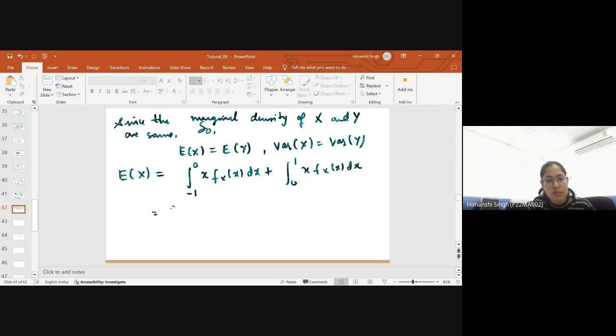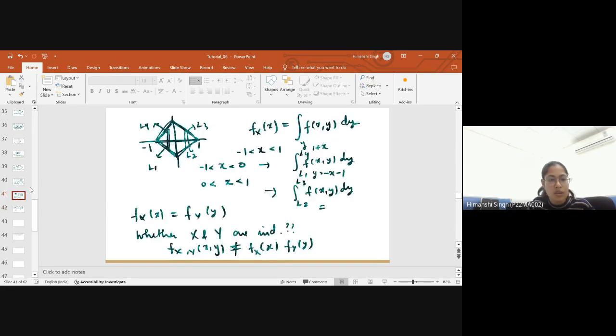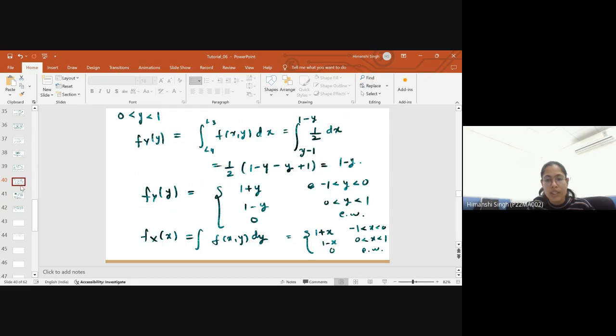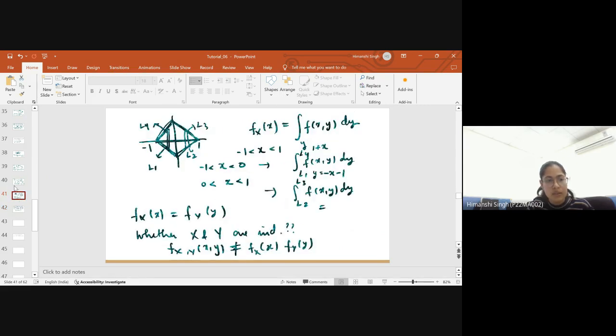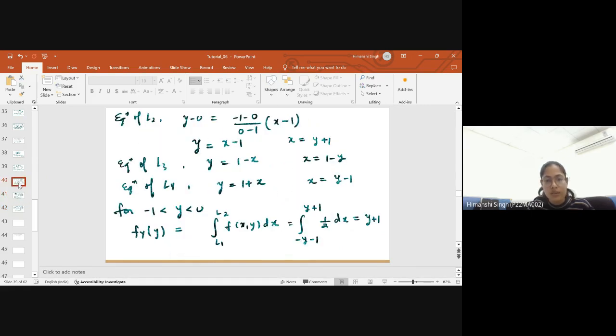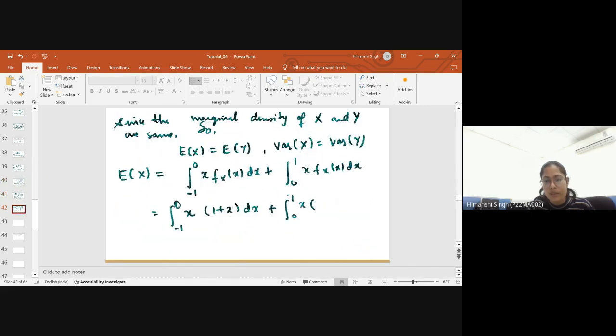From -1 to 0 the marginal is 1 plus x, so this is x(1 plus x) dx, plus the integral from 0 to 1, where it is 1 minus x, so x(1 minus x) dx.